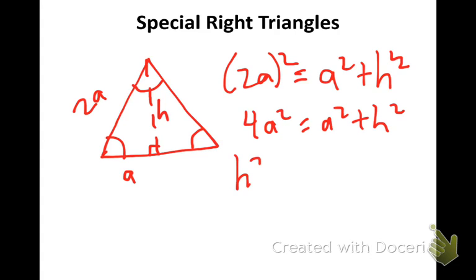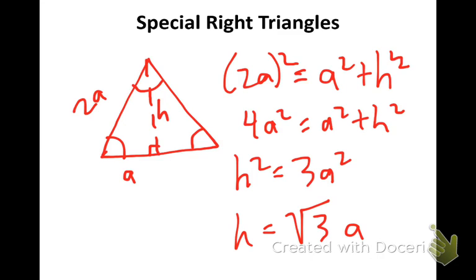So h squared equals 3a squared. So h is going to equal the square root of 3 times a. That ratio is always going to work in this situation.